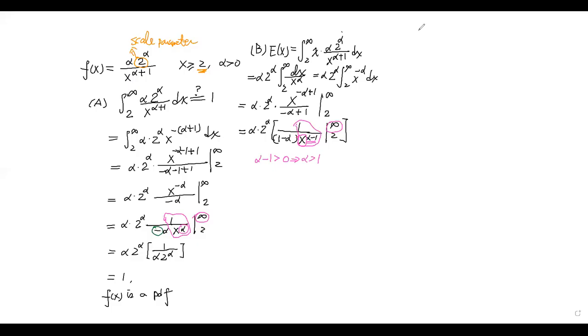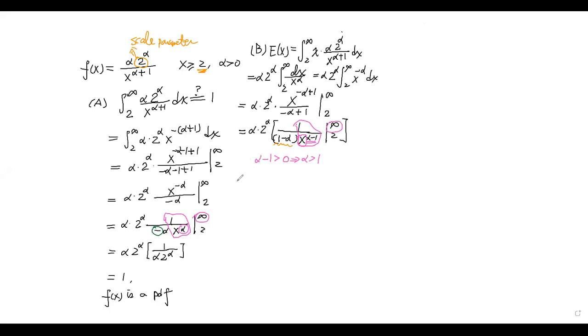Also you might ask why alpha has to be greater than 1 and cannot be equal to 1. The reason is that if it equals 1, this term will become 0, so it's undefined. So that means alpha has to be greater than 1.